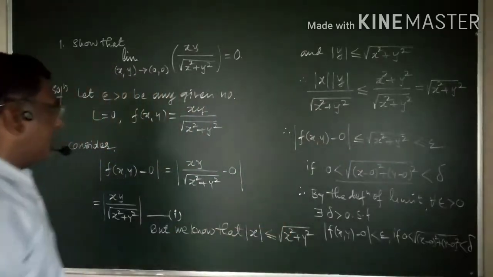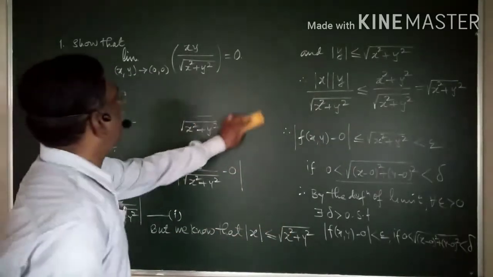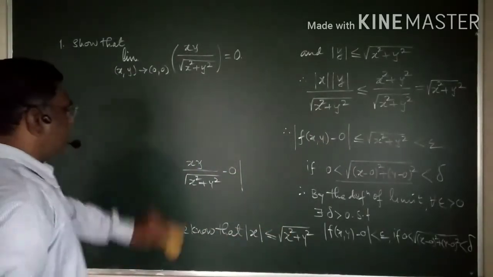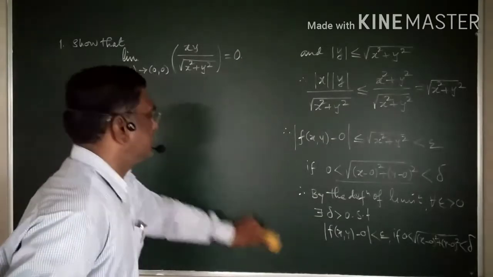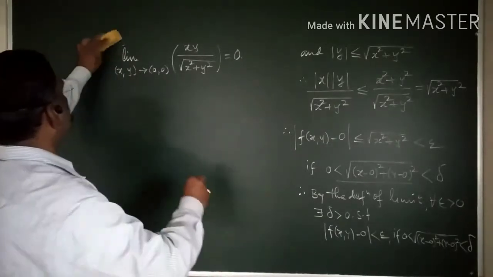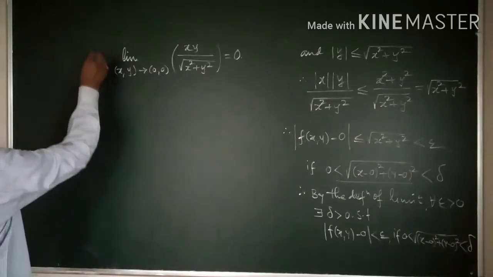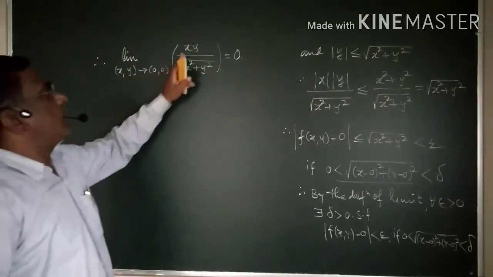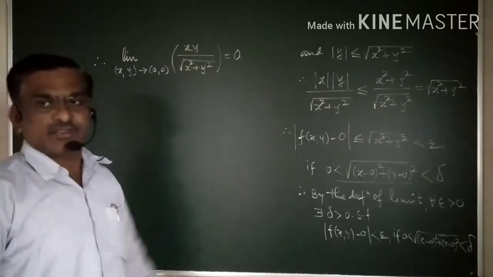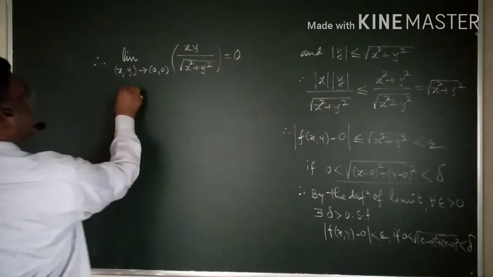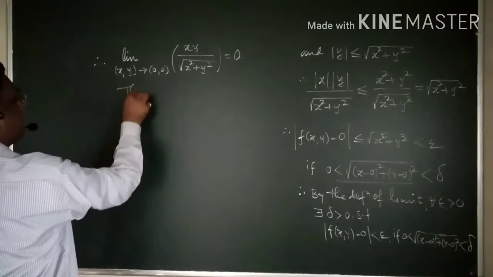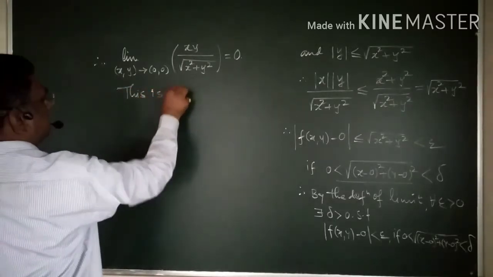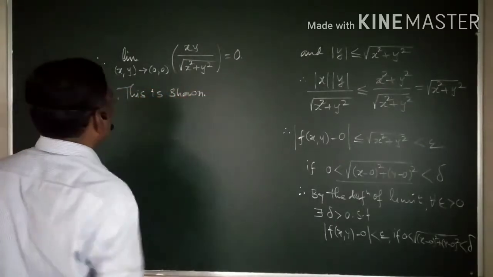Okay, and by using this one, therefore what we write here, limit of xy upon root x square plus y square as (x, y) tends to (0, 0) is equal to 0. This is shown.